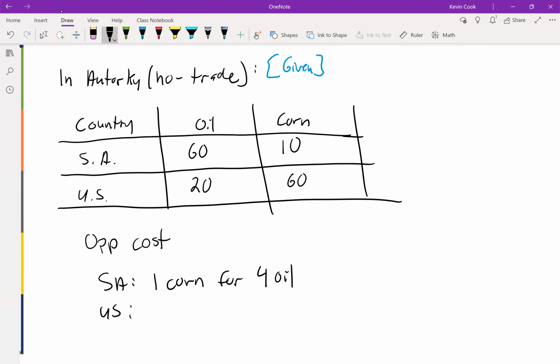And in the US, we had 2 oil, or 1 corn for... I had it right. My bad. So Saudi Arabia, if they want to make 1 unit of corn, they have to give up 4 units of oil. Whereas in the US, if we want to make 1 unit of corn, we have to give up only half a unit of oil.